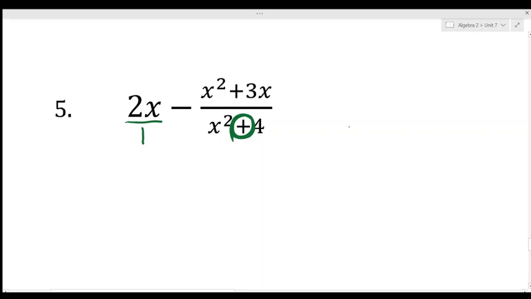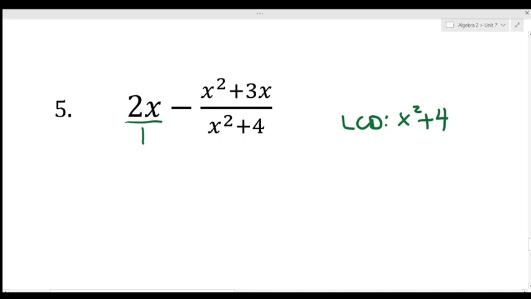So that means my LCD is just this x squared plus 4 from the only fraction that we have. Sorry, I have 2 on the brain. So my back fraction has x squared plus 4, but my front that I remade into a fraction doesn't.